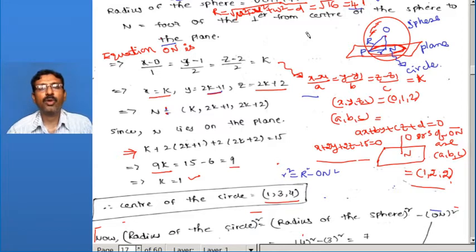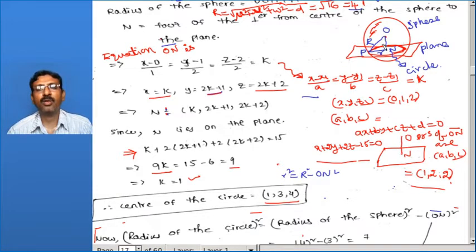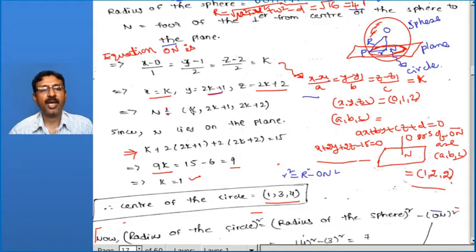So depending upon the value of k, we can write the coordinates of any point on ON as (k, 2k plus 1, 2k plus 2). That's why I have taken N as (k, 2k plus 1, 2k plus 2).